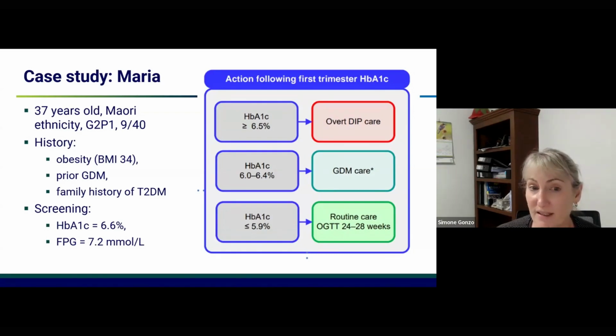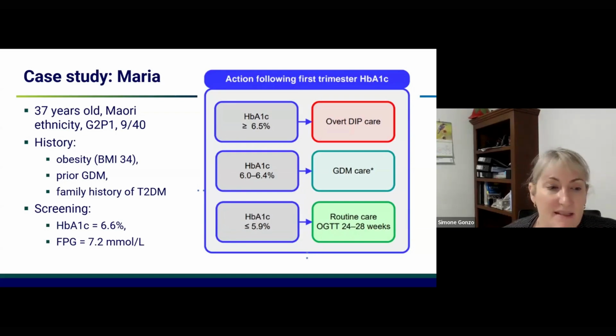So for the term of this pregnancy, we will be treating Maria as a diabetic patient, and she will be referred off to our local hospital maternity unit as a higher risk with diabetes, and they will be taking care of her and managing her as a diabetic patient, which is different to gestational diabetes.